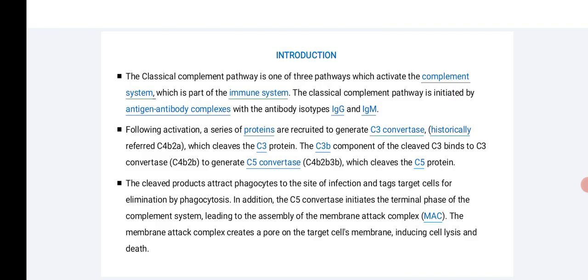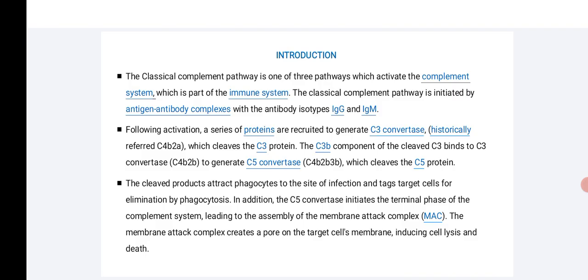The C3 convertase contains complement components like C4b2a. The C3 convertase cleaves the C3 protein, and hence it is called C3 convertase. After cleavage of the C3 protein, the resulting components are C3b and C3a.